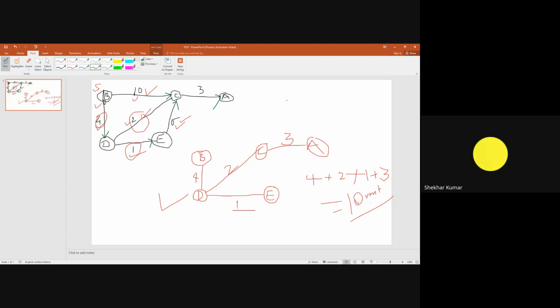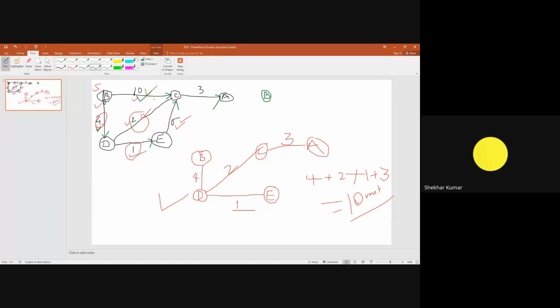At first, we have selected one node, that is B, the source node. From B, we have two edges to cover two vertices, that is C and D. From B to C, the weight is 10, and from B to D, the weight is 4.